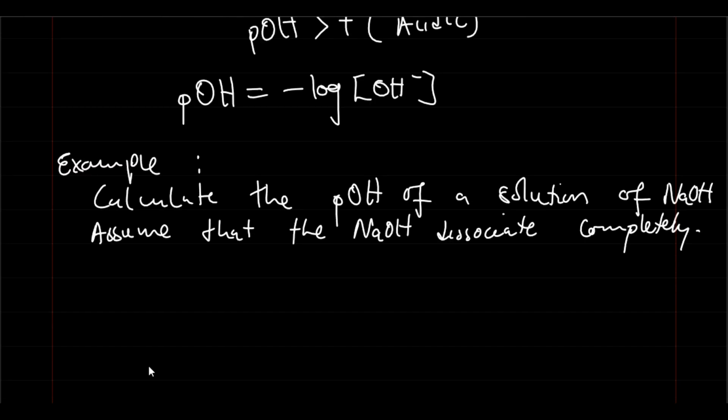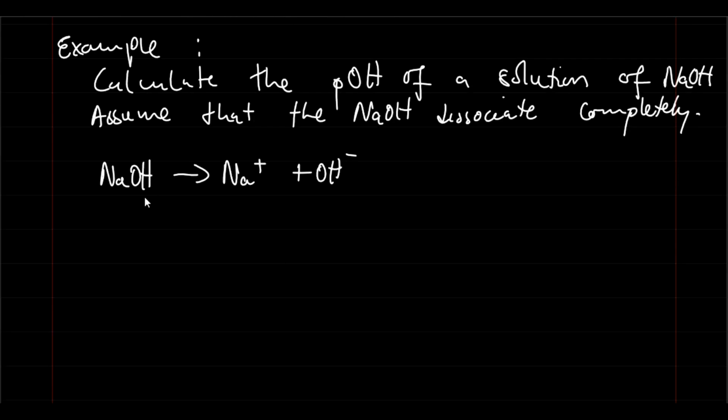So what are you going to do now? We know that NaOH in water, when it dissociates, gives us Na plus and OH minus. So the stoichiometry between the NaOH and OH minus is 1:1. Agree? I did not give you the concentration.